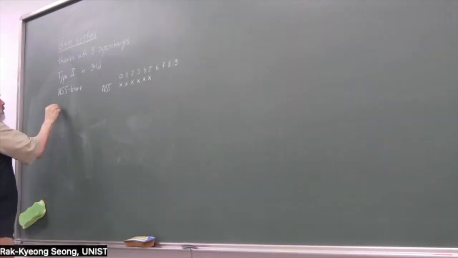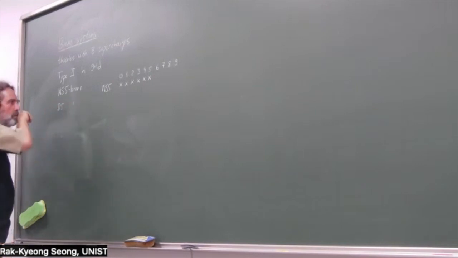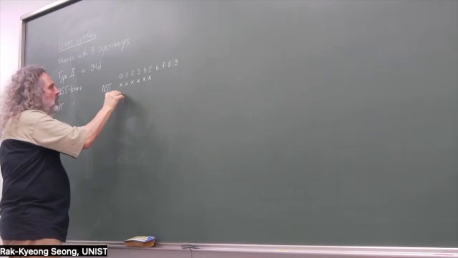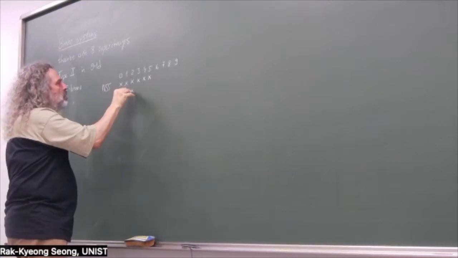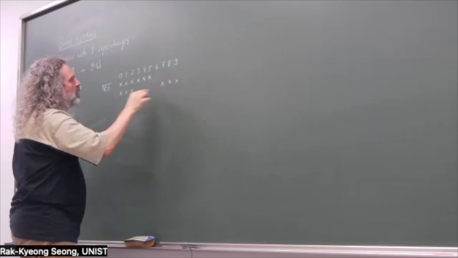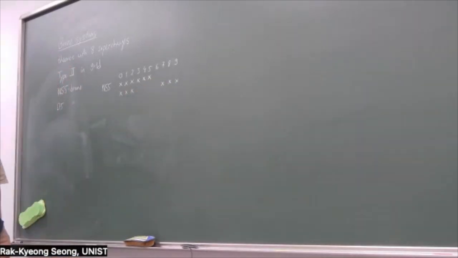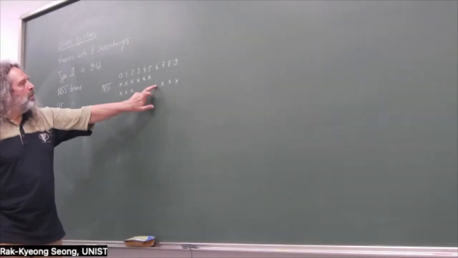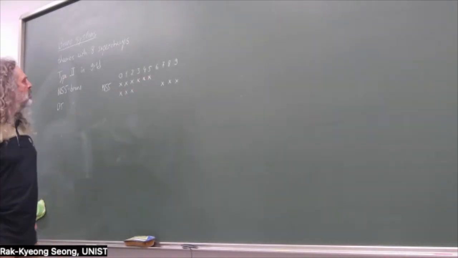We will have a D5 brane, and this fills these directions. It's again a 5-brane, 5 space and 1 time, but it fills different directions. Both of them are point-like in 6.